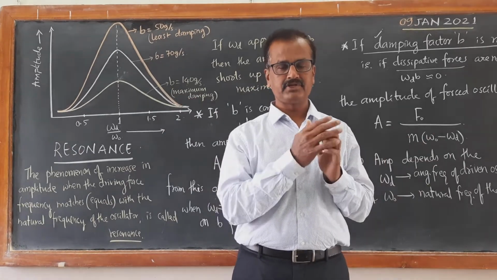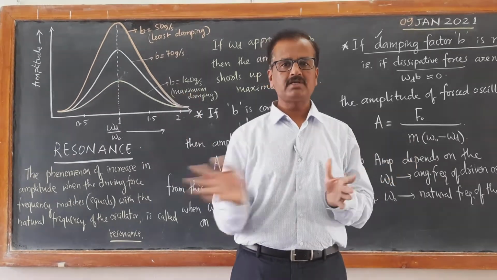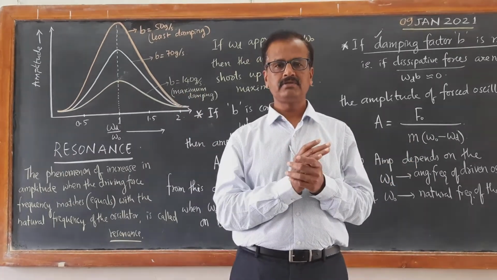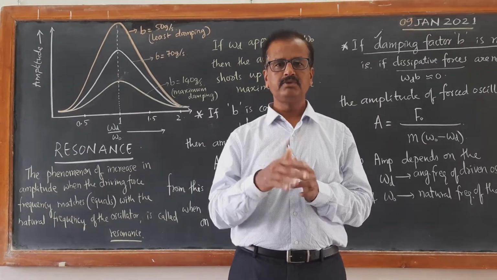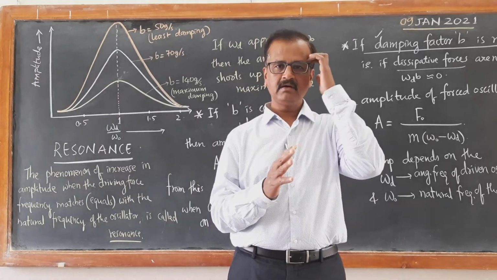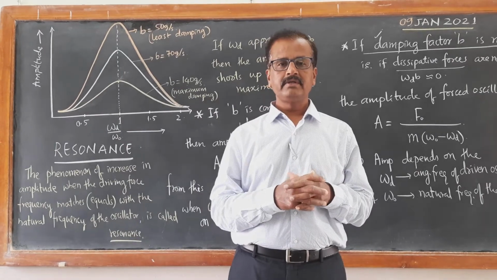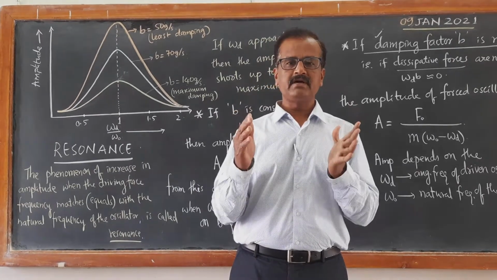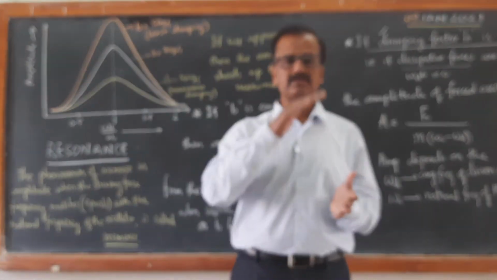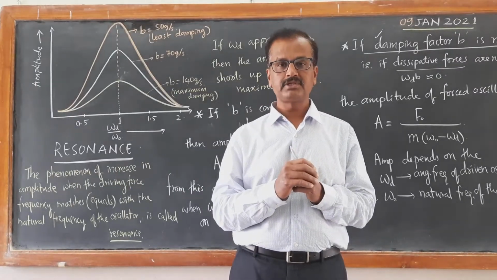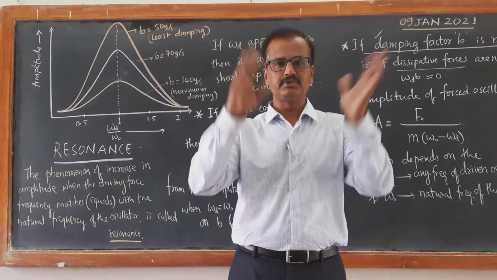Suppose it is a hanging bridge, and the soldiers are asked to march on it. Because of the periodic force with which they are stamping the hanging bridge, when the frequency of the driving force of their marching matches with the natural frequency of oscillations of the hanging bridge, then the hanging bridge oscillates with maximum amplitude.